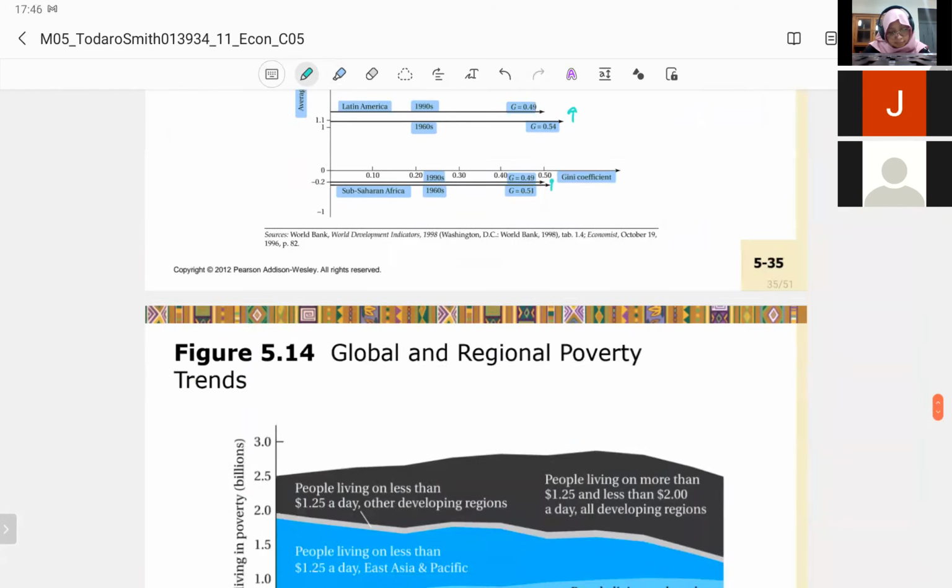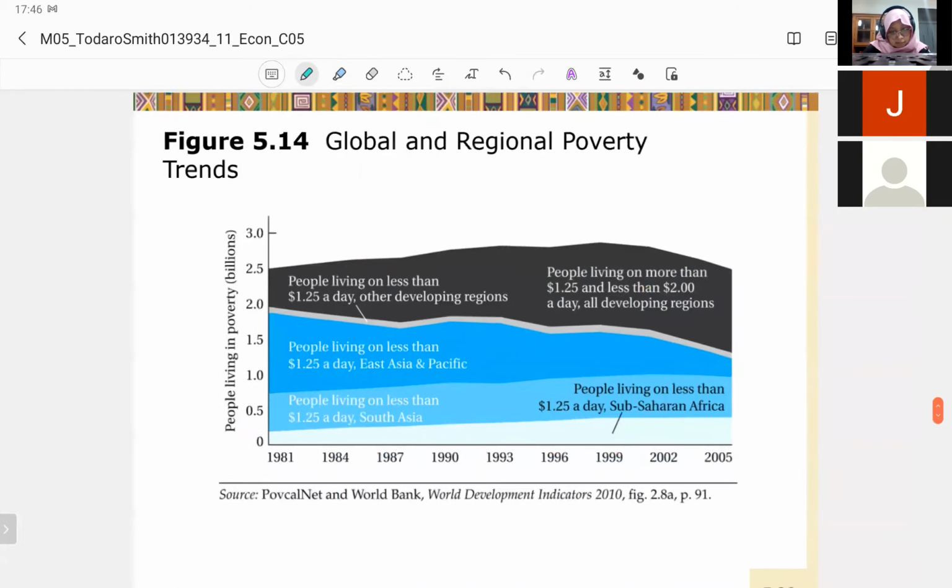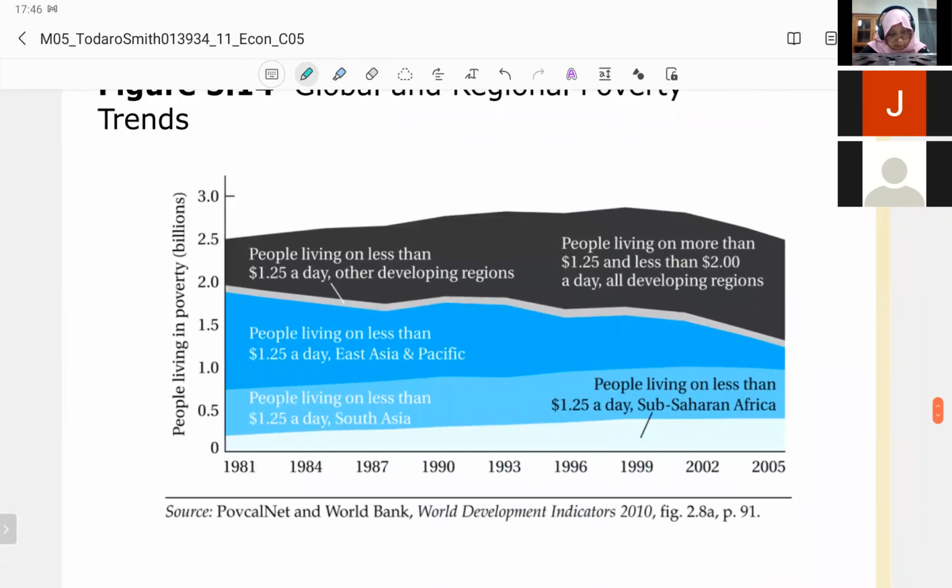Okay. And then this is global and regional poverty. You can see that in this part is the people living under $1.25 a day in other developing countries, and here in South Asia, here in East Asia and Pacific.